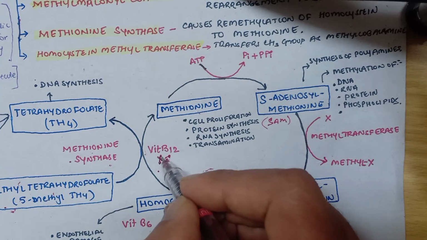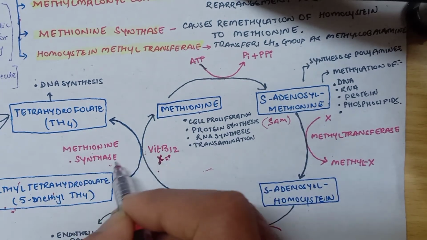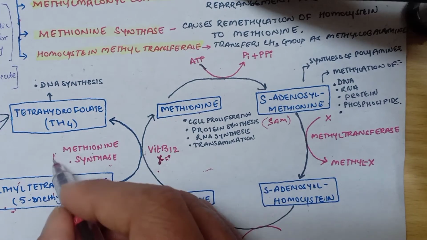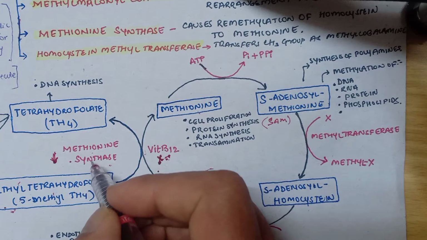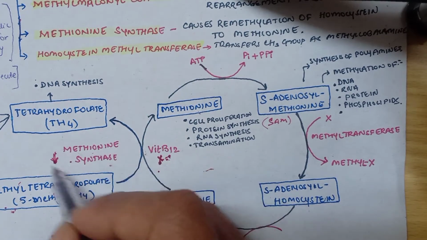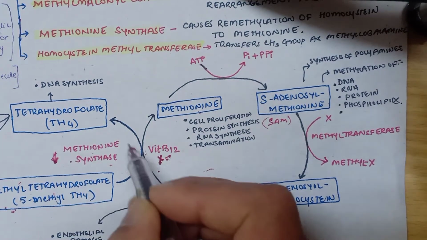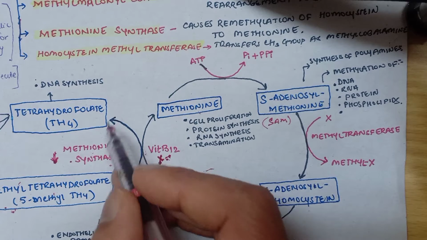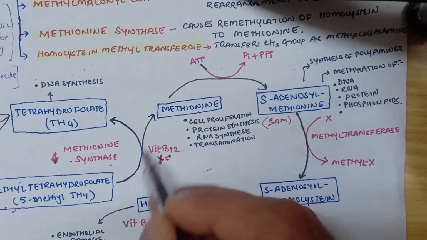Now, in case of vitamin B12 deficiency, the activity of methionine synthase will decrease. So, when the methionine synthase activity is decreased, 5-methyl tetrahydrofolate will not get converted into tetrahydrofolate, because 5-methyl tetrahydrofolate will not be able to transfer the methyl group to vitamin B12.